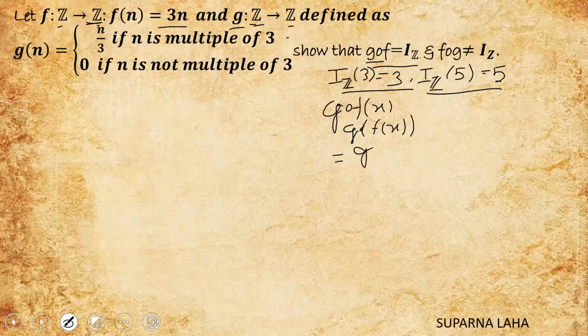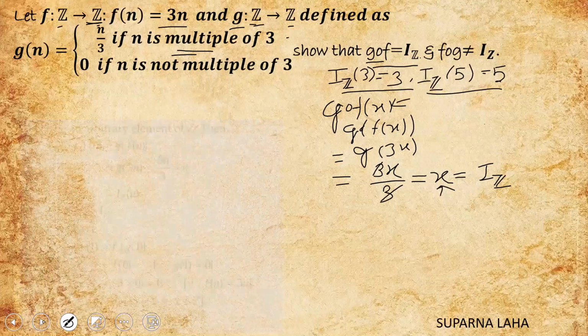Now what is g of f of x? f of x is 3x, and g of 3x: since it's a multiple of 3, I will take the first definition, that is n upon 3. That is 3x by 3. The 3 cancels, leaving x. So I can write this as identity of Z. If I take the input x, I will get the output x.